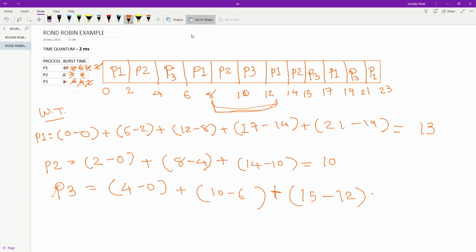P3 again comes out at 17 and enters at 19, so 19 minus 17.